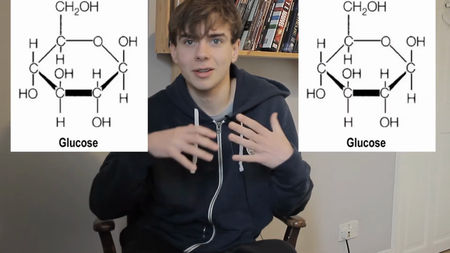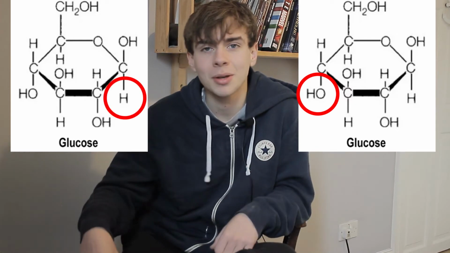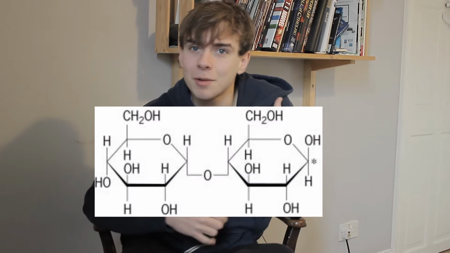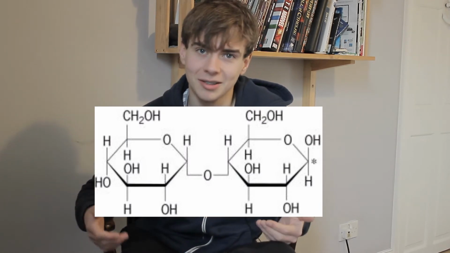So what these condensation reactions do in terms of glucose is, at the ends you can see the hydroxy groups and the hydrogen group. So what it does is one of the hydroxy groups will come off and be removed along with one of the hydrogen groups, which forms H2O, and then a bond will form between them, making what's called a disaccharide.